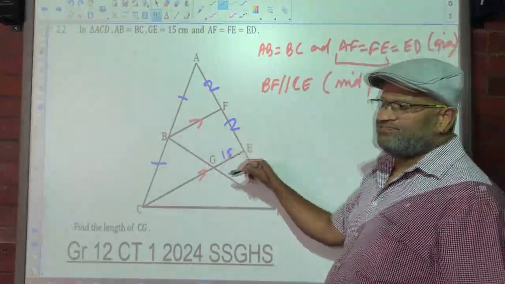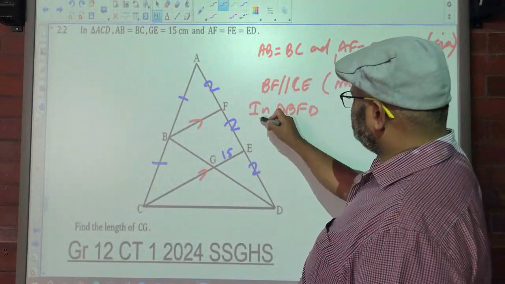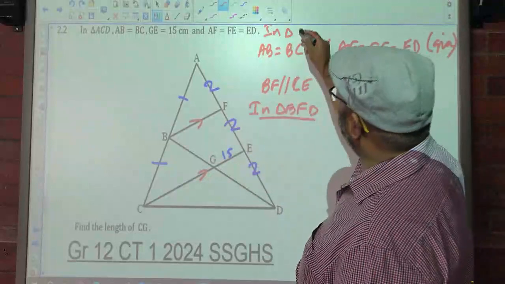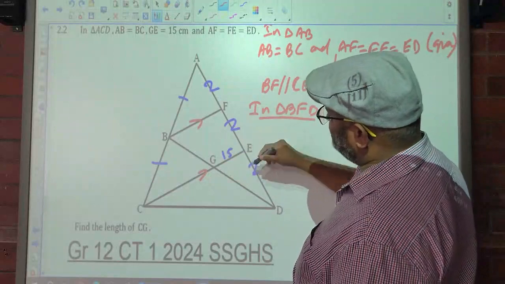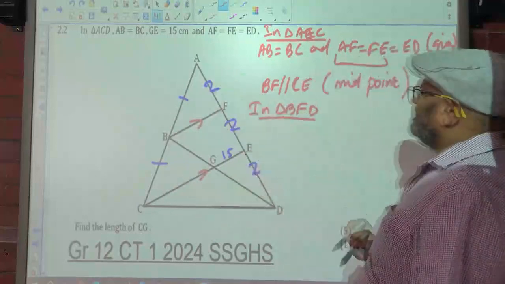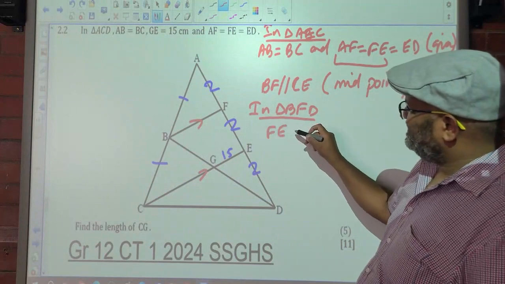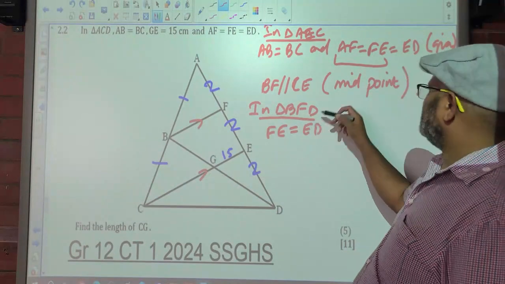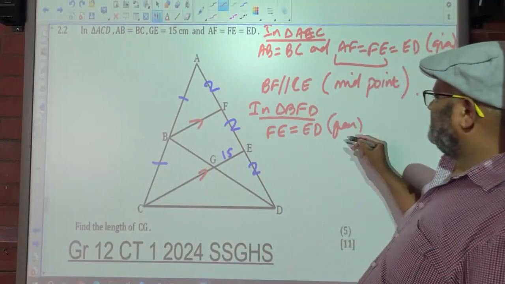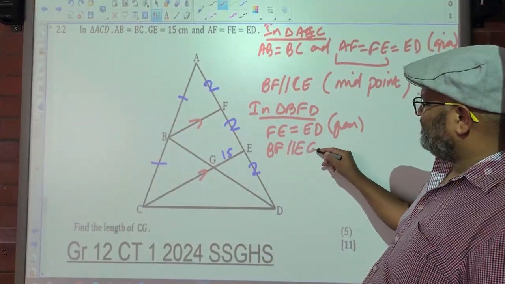Now, in the other triangle, for those of you who can't follow, in triangle ACE, we can now say that FE is equal to ED. I'm going to write it again. That was given. And we know that BF is parallel to GC. Why? Proven.